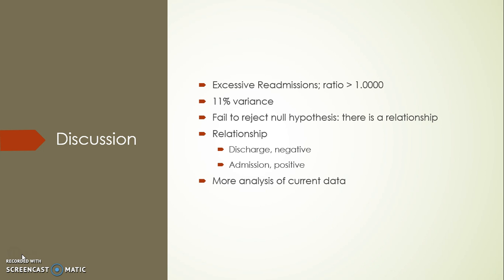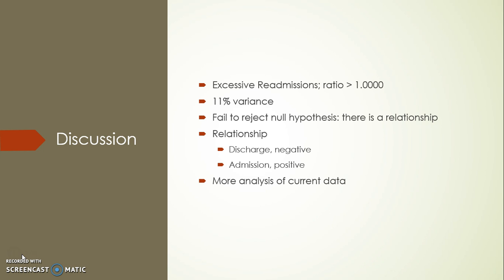In the multiple linear regression, the null hypothesis was that there is no linear relationship between the dependent variable, which is excess readmission ratio, and the independent variables, which were average number of discharge and readmission. And the alternative hypothesis is that a relationship exists between the dependent and independent variables.